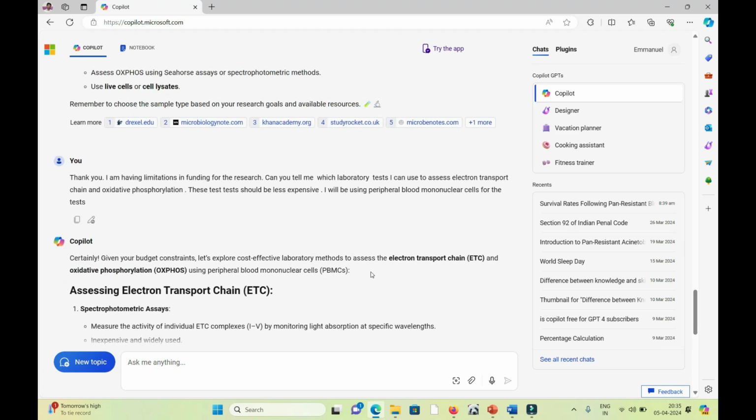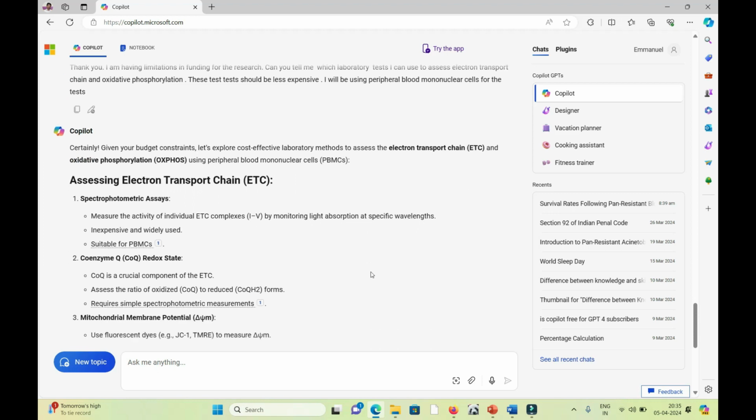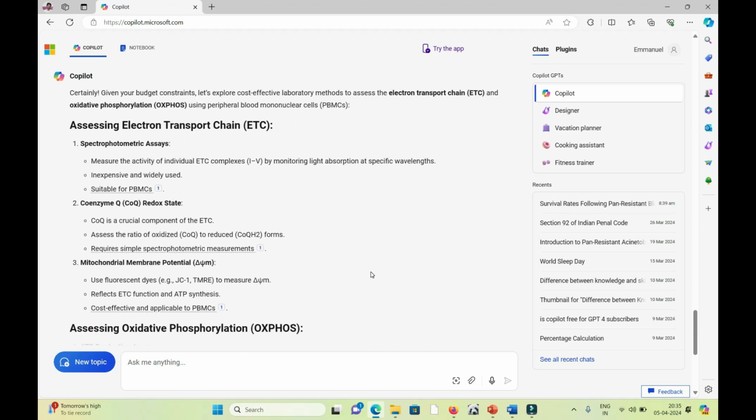Again, it is telling that because of your budget constraints, here is a cost-effective method which can use peripheral blood mononuclear cells. It's coming out with spectrophotometric assays, which are relatively inexpensive. It is also suggesting coenzyme Q redox state and mitochondrial membrane potential. Three things it is suggesting for the electron transport chain.